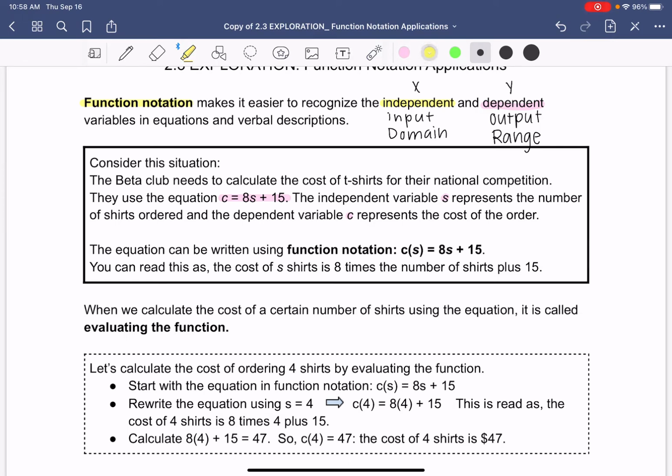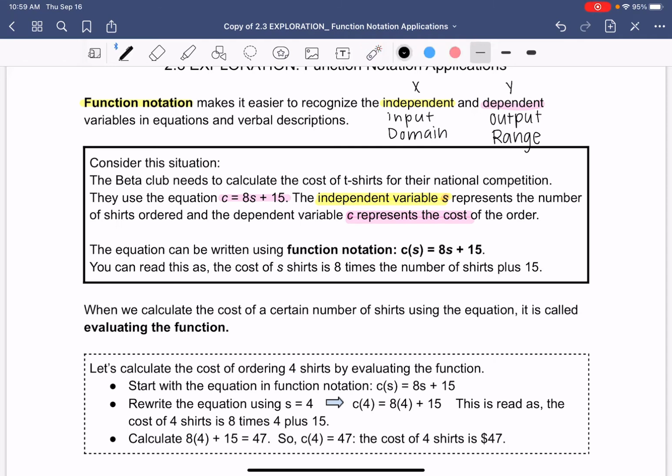So your independent variable is the amount of shirts you get, and your dependent variable represents the cost. That makes sense because depending on how many shirts you get will determine the cost of the order. So the cost depends on the S, the amount of shirts we get.